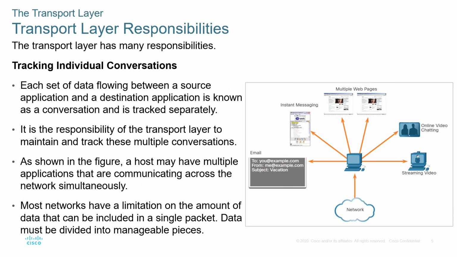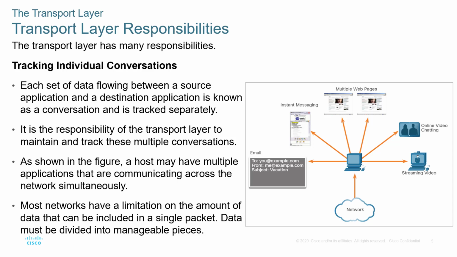Basically, the goal with layer 4 is being able to transport data but track individual conversations. Let's say you have a browser window open. In reality, each window is going to be a separate session. Each application window may actually have 3 different streams out to a website, for example.